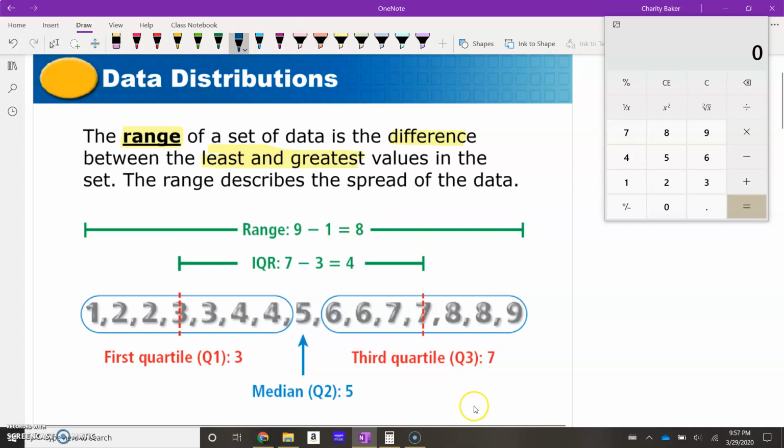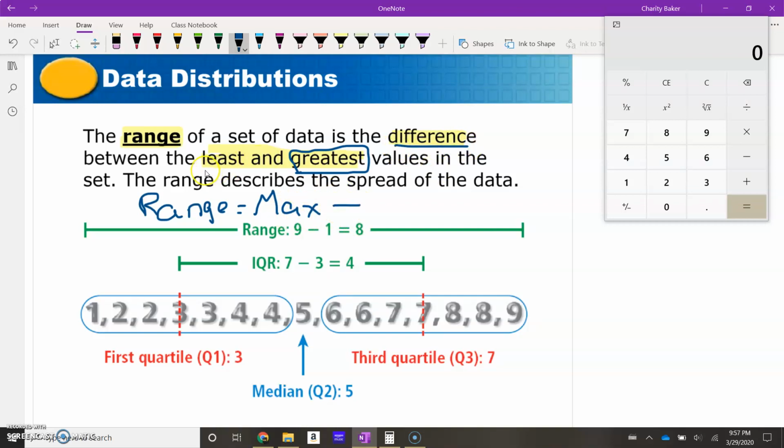So do you remember what we call these? What's the greatest value called? Right, that's the maximum. So the range is going to be the maximum, and this is the difference, so it's going to be maximum minus, and then what's the least value called?